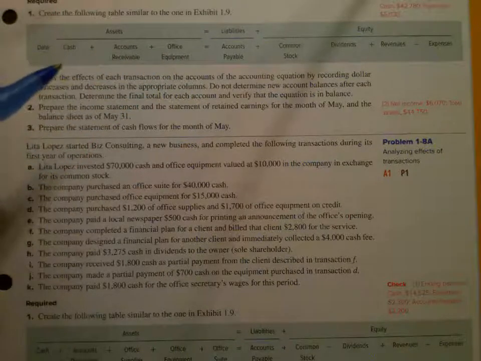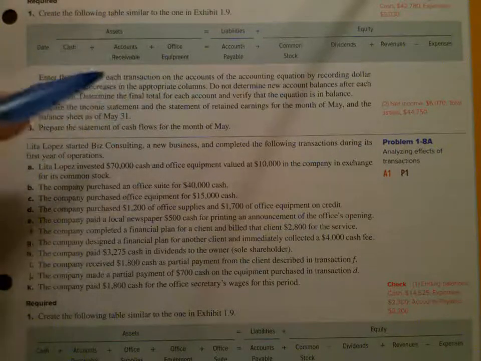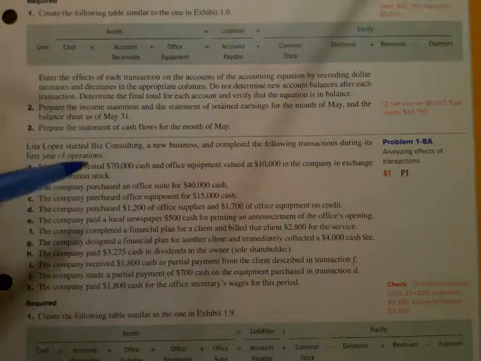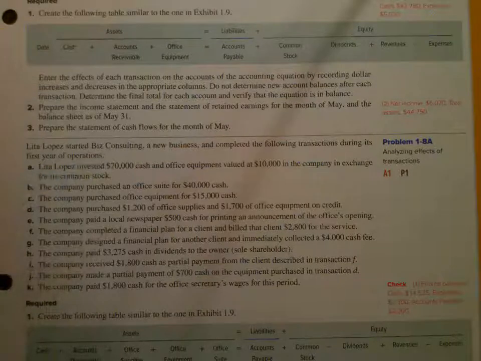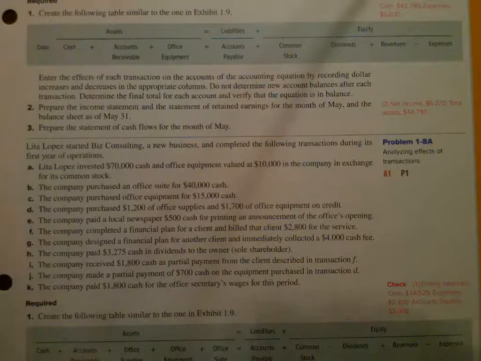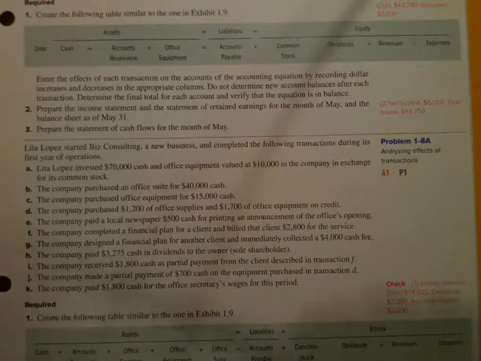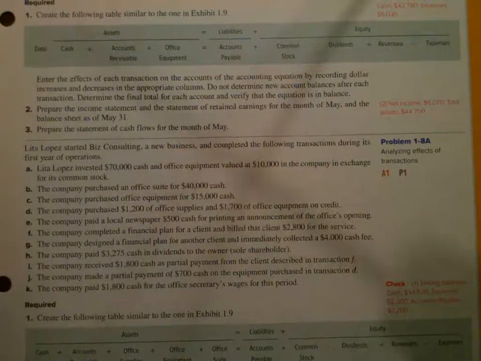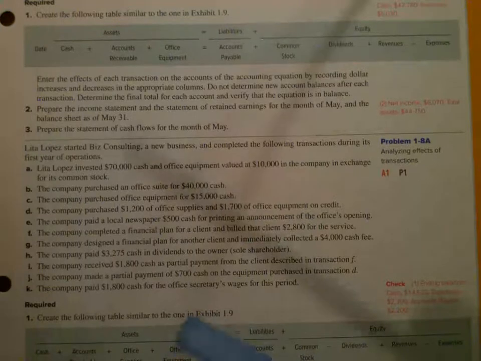Okay, but that's only one side of our transaction. The other side of the transaction is that she exchanged this for common stock. And so what do we do here? Well, we just said that assets were increased by $80,000. And so the equation assets equals liabilities plus equity always has to be true.